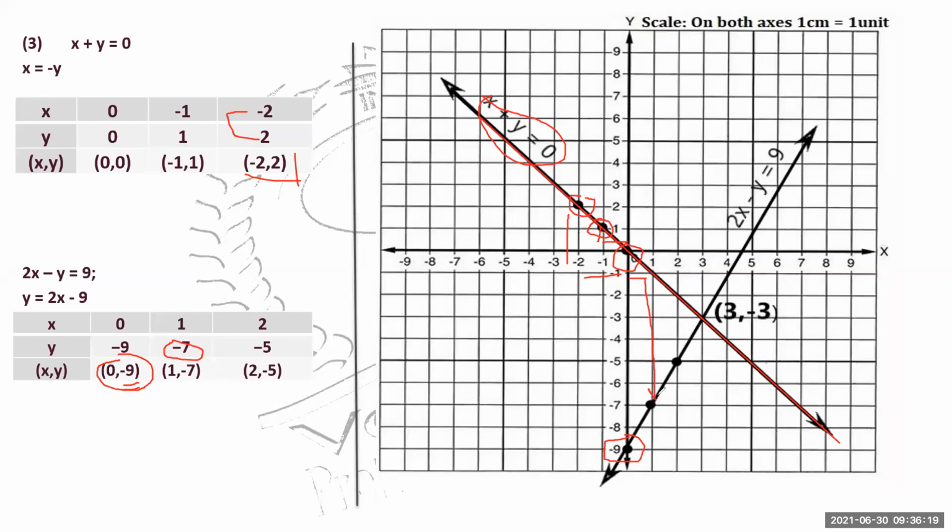Here you will get your second point. Next is 2 and minus 5. So you move 2 places to the positive side and 5 places down. You've got all the 3 points.